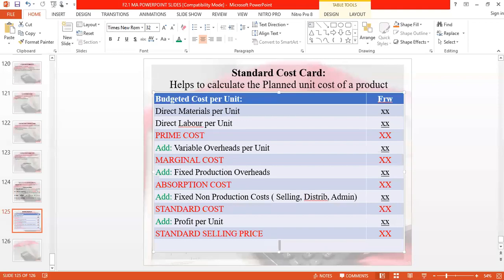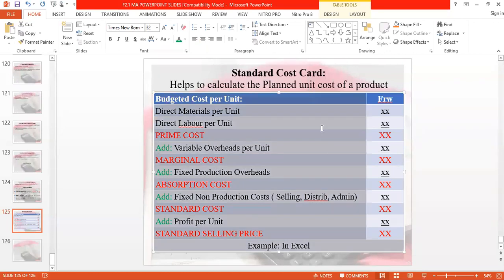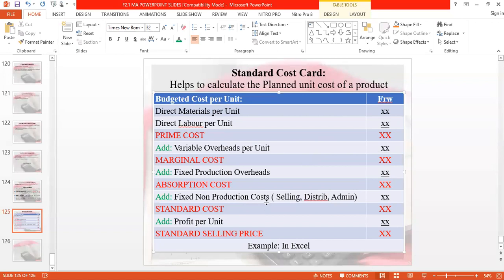So maybe we can look at an example in Excel, or even in your notes. Let's look at an example in Excel.